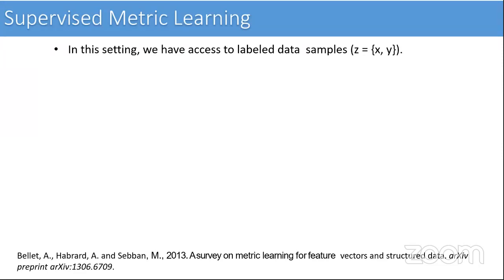Let's come to the main interest of the whole session, which is the supervised metric learning framework. In supervised metric learning, we still have these X and Y points which we need to compare, and we also have the label associated with them in the training scheme, whether they are similar or not similar.